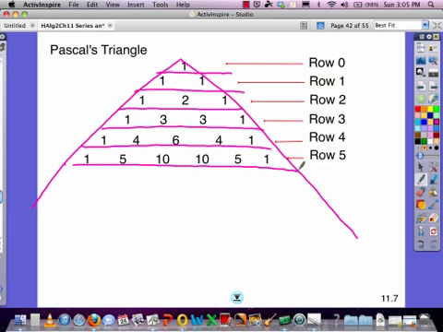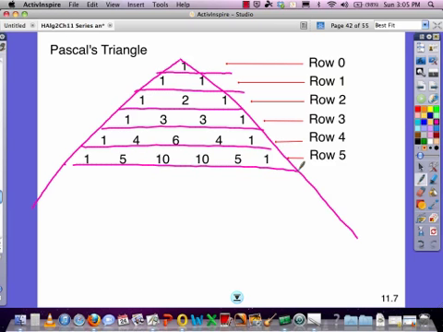Okay, I've heard someone say each row begins and ends with ones. There's an observation. That's all we're looking for. Somebody else said row 0 has only one thing in it, where row 1 has 2 things in it. Row 2 has 3 things in it.